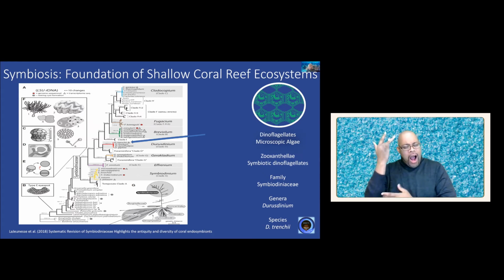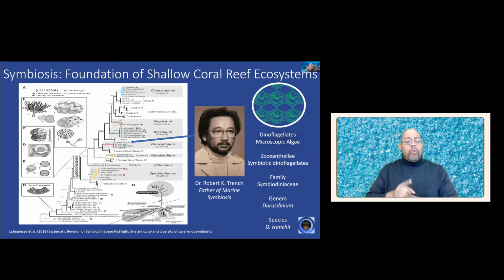And the reason it was called this, it was actually named after one of the most prominent black marine biologists, Dr. Robert K. Trench. He is considered one of the founding fathers of marine symbiosis, initially studying symbiosis with bivalves and other marine organisms, but literally paved the way for us to make huge contributions in the field of marine evolution and symbiosis.